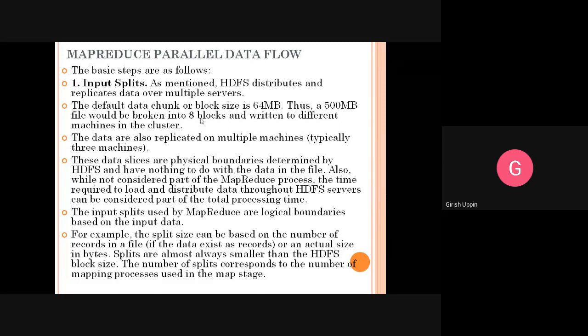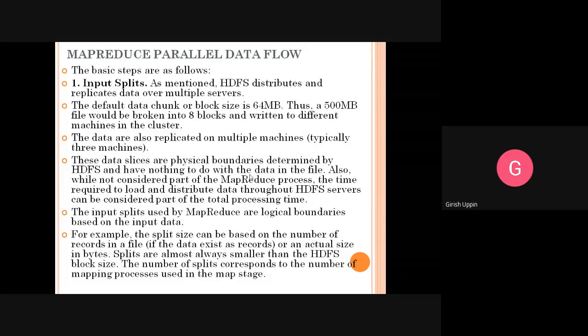The data is also replicated on multiple machines, typically 3 machines. These data slices are physical boundaries determined by HDFS and have nothing to do with the data in the file. Whatever slices are made, this is the default nature of HDFS.